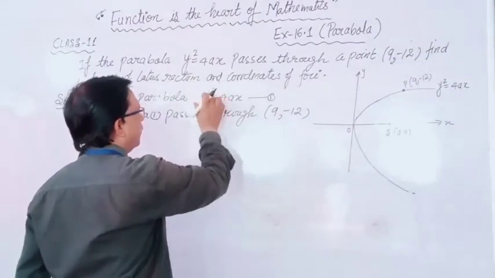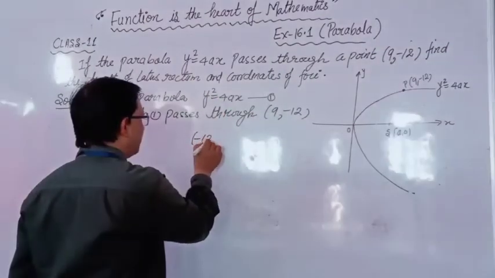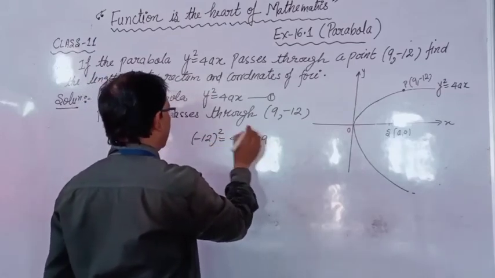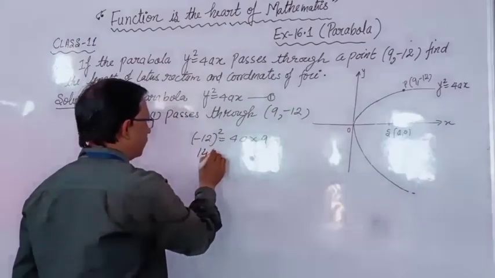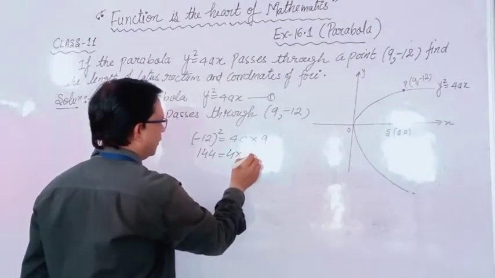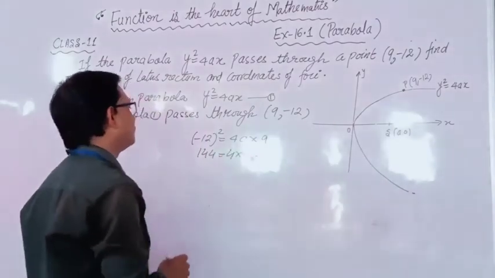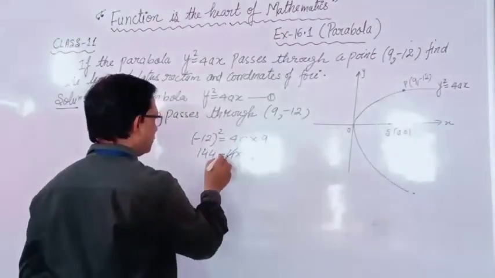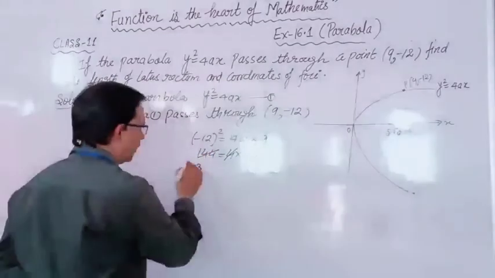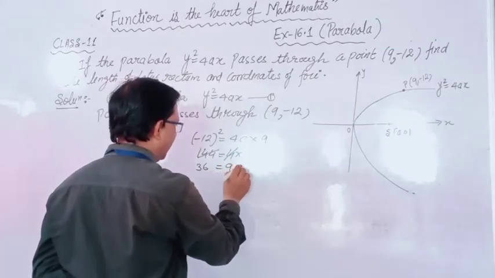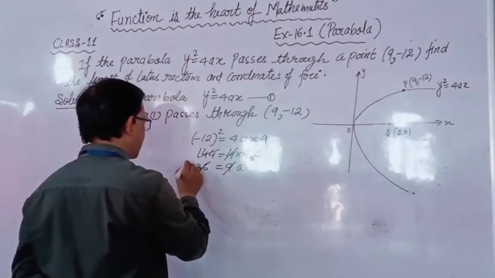Now we put the value here, so this is minus 12 square is equal to 4a into 9. This is 144 is equal to 4 into 9 into a. Okay, so 4 3 are 12, 4 6 are 24, is equal to 9a, 9 4 are 36.